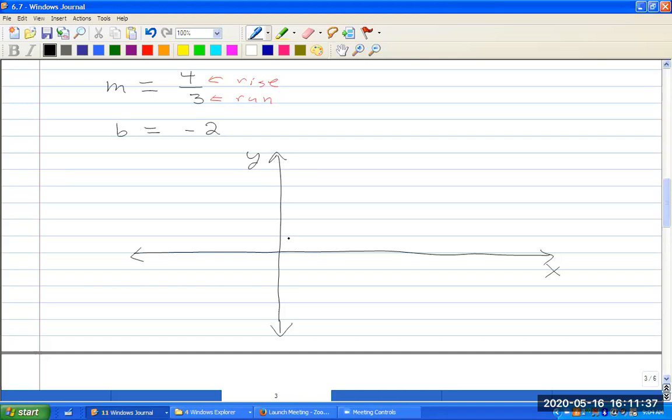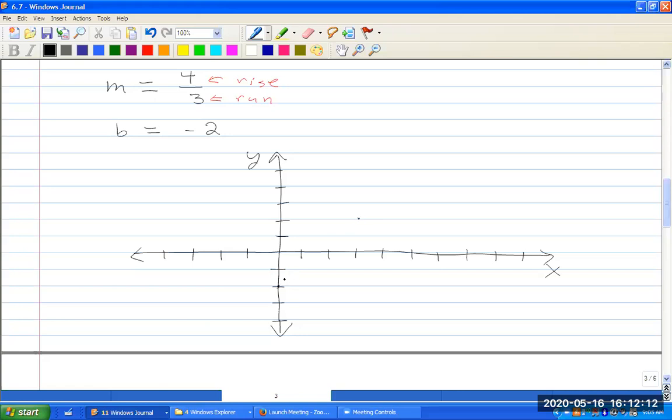My y-intercept is negative 2. Draw some tick marks. I have a rise of 4 and a run of 3, so you go over 1, 2, 3, and up 1, 2, 3, 4.